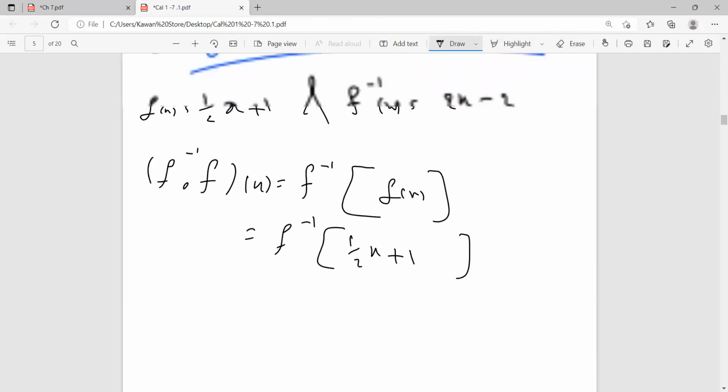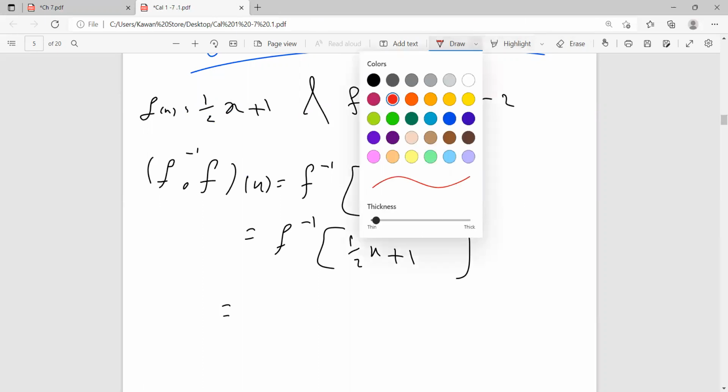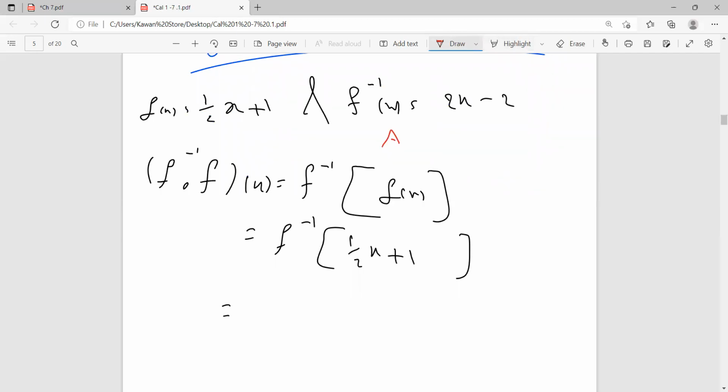Now we have an inverse machine. The inverse machine says: if you give me anything, A, I'm going to multiply this A by 2, after that subtract 2.